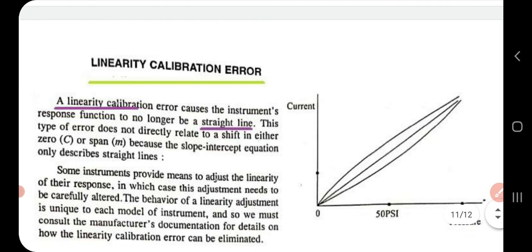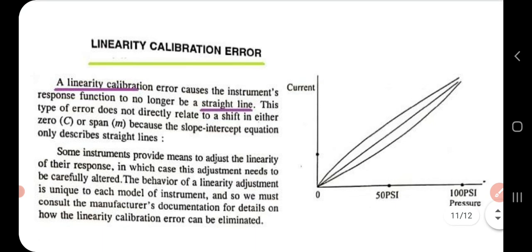Next is linearity calibration error. It causes the instrument's response function to be no longer a straight line. It does not directly relate to a shift in either zero or span, because the slope intercept equation only describes straight lines.